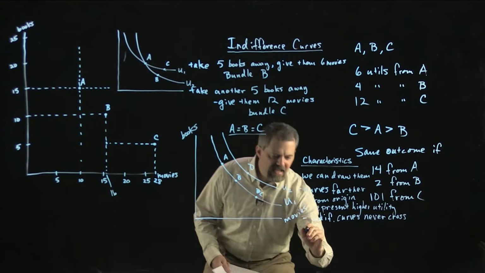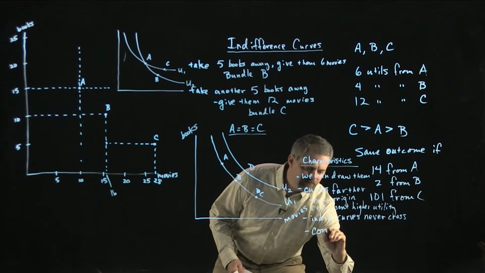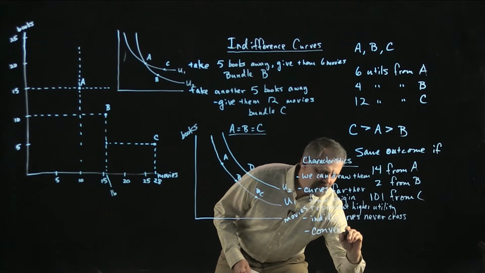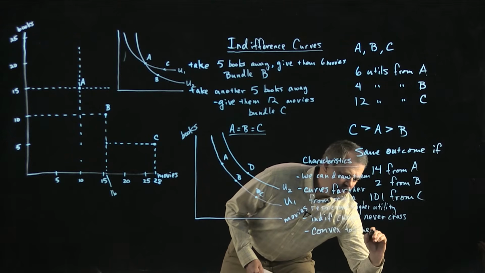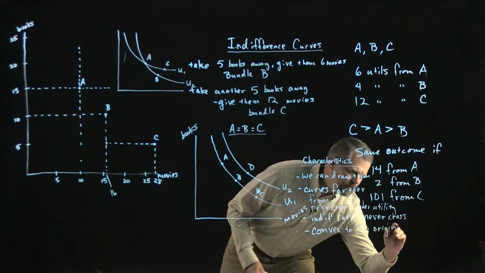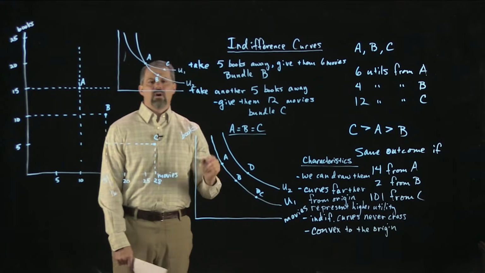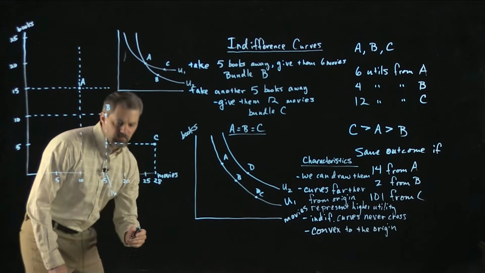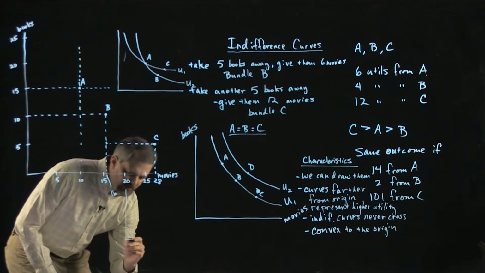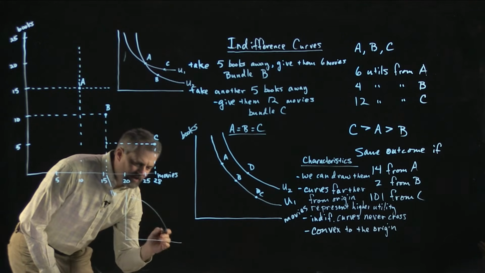And then finally, they are convex to the origin. What that means is, let me draw one final picture down here. Indifference curves will never look like this.